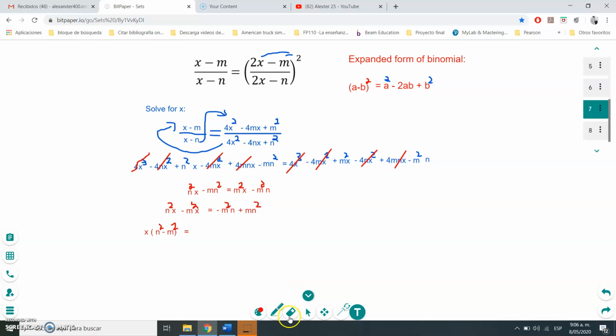Minus m²n plus mn², these are the same terms, so we have all of this, and now what do we do next?